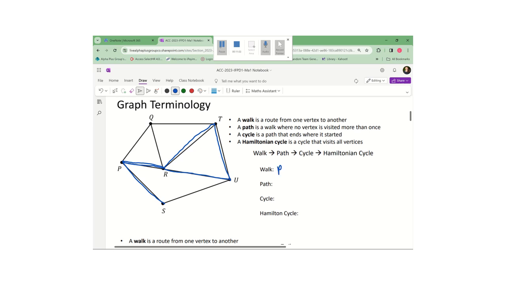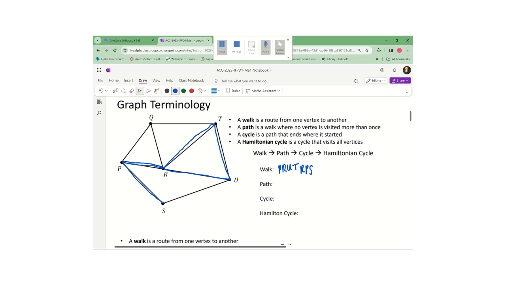So that path I just did was PRUTRPS, in that order. And what I just drew out was that walk.